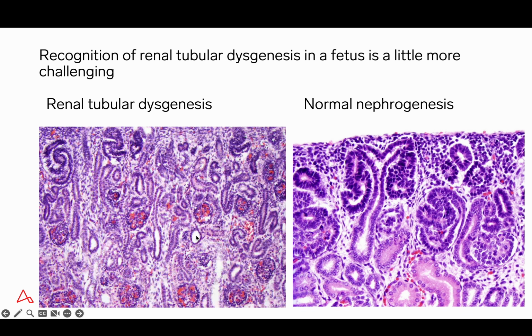Whereas if we look at the image of renal tubular dysgenesis on the left, we can see even after multiple nephron generations with well-formed glomeruli, the tubules in between the glomeruli remain small and inconspicuous, lacking the abundant pink cytoplasm of proximal tubular differentiation.